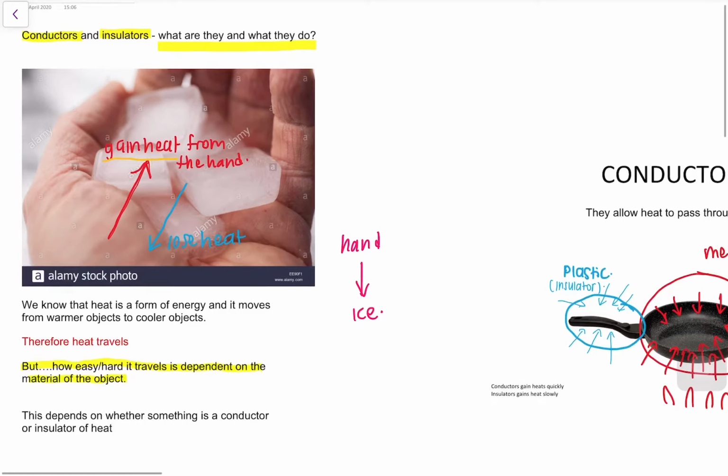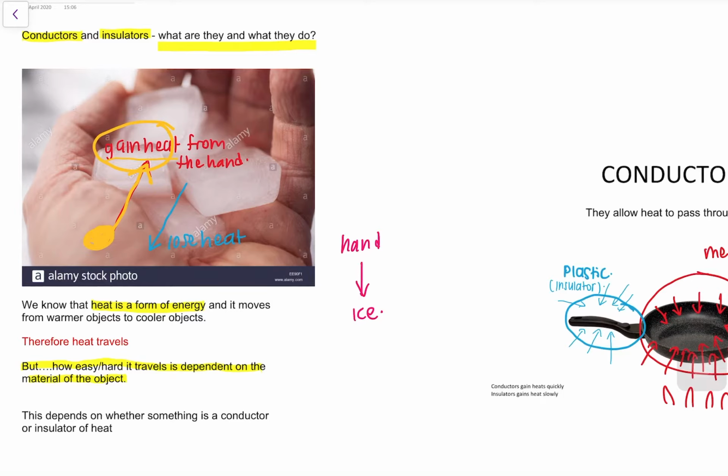Alright, so from the other video which talks about heat, we know that heat is a form of energy, and it moves from warmer objects to cooler objects. So over here we have the heat from the hand, and it is moving to the ice. So the ice is gaining heat from the hand.